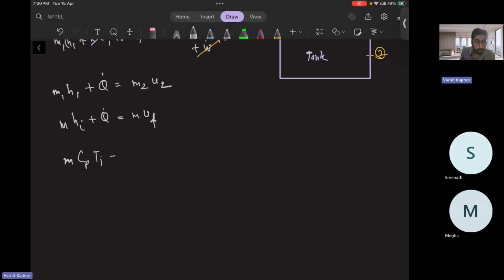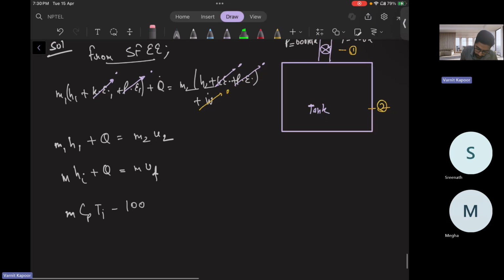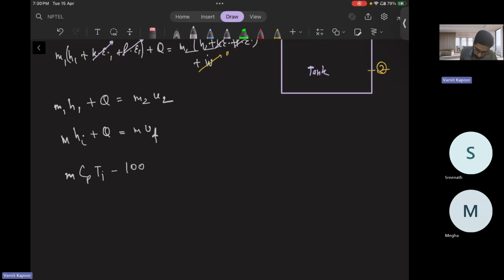Heat flow rate is not given. It's just heat to the surrounding that is given. So I can write 1000. Because it's heat lost to the surrounding, 1000 is equal to M into Cv T final.